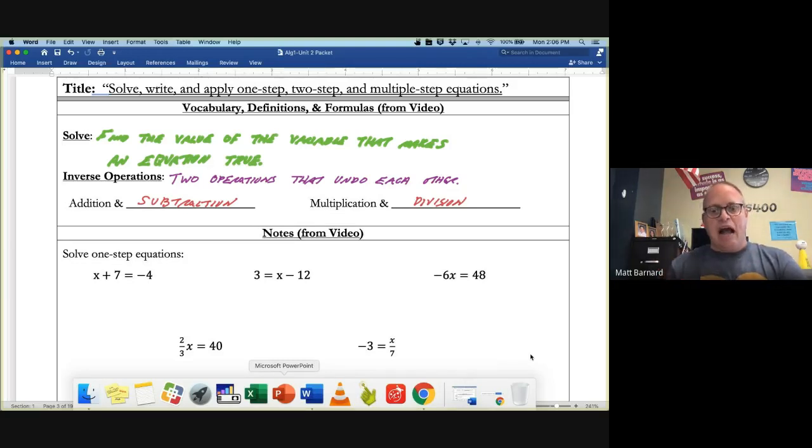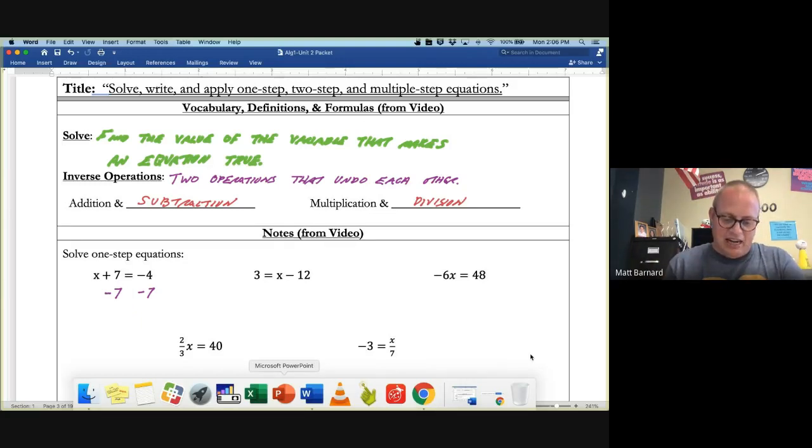So to undo adding 7, we can subtract 7, and we do it from both sides. So the way we show this is we subtract 7 on the left side and 7 on the right side. Sometimes, if you want, you could put a line down the middle so that you know that what you've done to the left side, you've also done to the right side as well. It's not necessary, but you sure can.